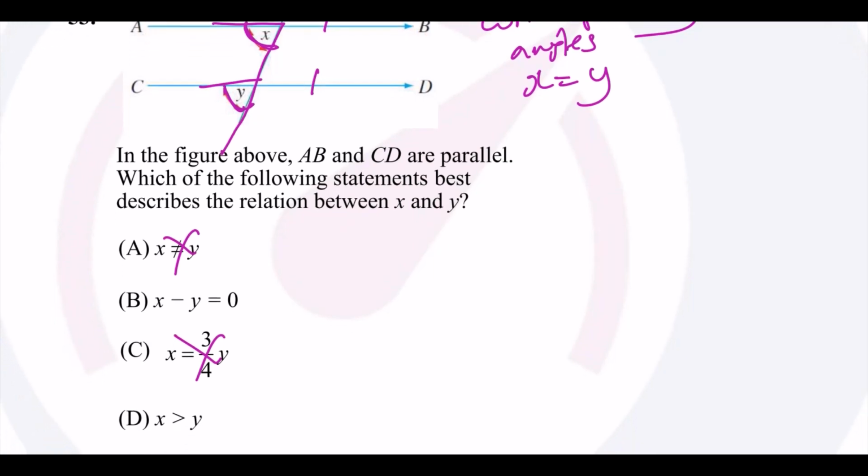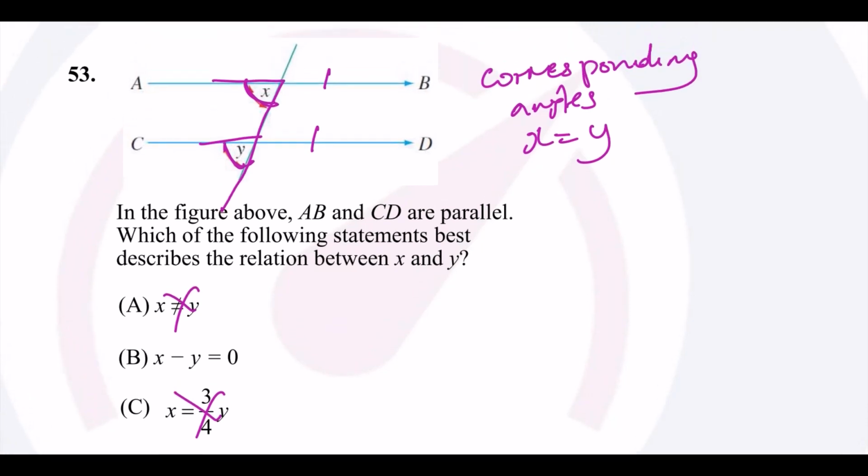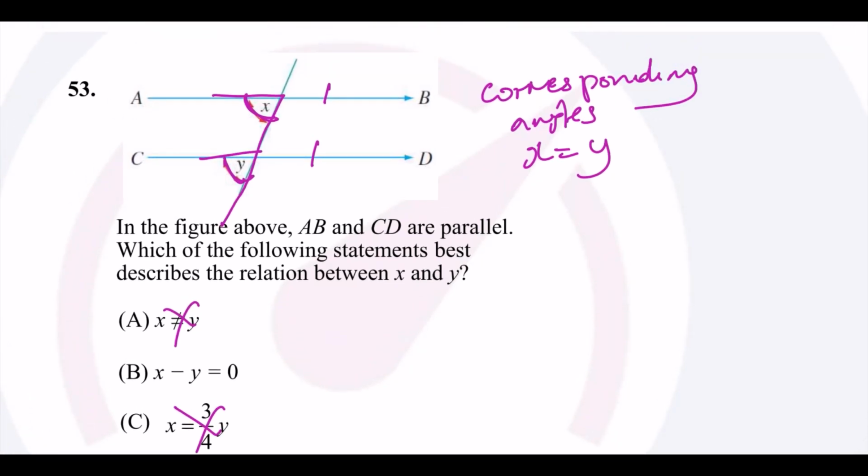And let me see option D: no greater than nor less than, nothing. So hence it's going to be B, x minus y is equal to 0. We could transpose it that way because if we subtract y on both sides, we get x minus y is equal to 0.